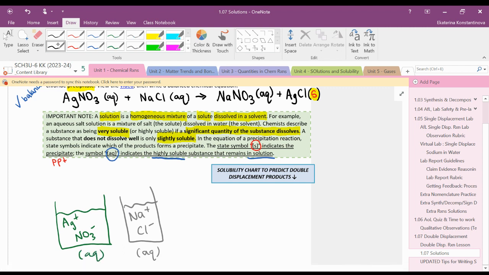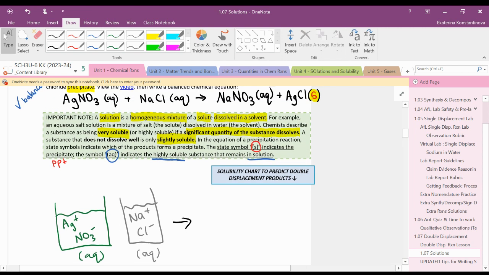Now, what ends up happening when we mix the two together? What happens to these ions? What you'll see is that sodium nitrate is aqueous, meaning your sodium ion stays the same, it's still floating in solution.